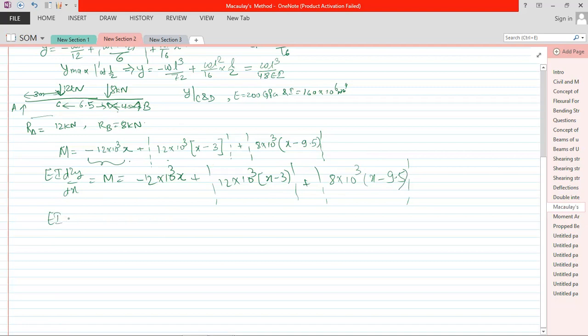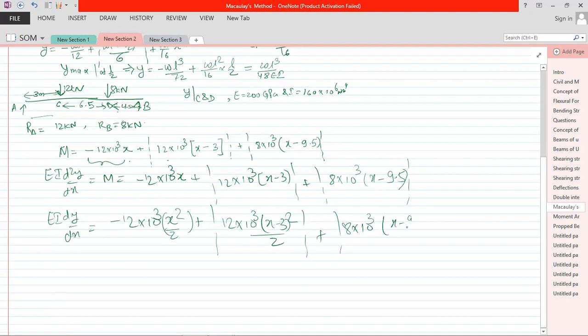Now EI dy by dx, if we integrate it, will be minus 12 into 10 raised to the power 3 x square by 2 plus 12 into 10 raised to the power 3 into x minus 3 whole square by 2 plus 8 into 10 raised to the power 3 into x minus 9.5 whole square by 2, plus C1.